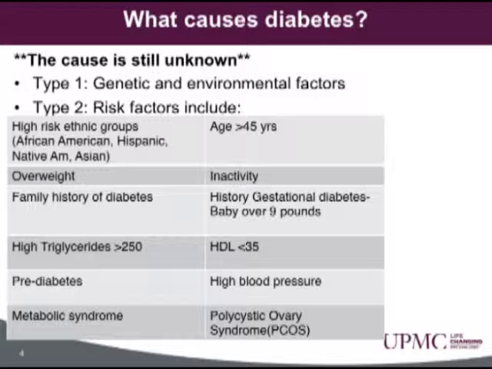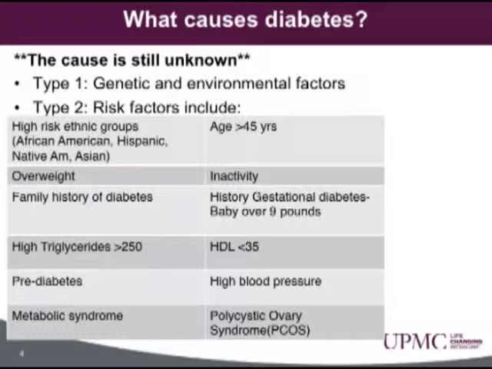So what are the causes of diabetes? The cause is still unknown, but in type 1, we know there are some genetic and environmental factors that affect that. And also in type 2, there's some risk factors that can lead to type 2 diabetes. So some of those being some high-risk ethnic groups, such as African Americans, Hispanics, Native Americans, or Asians.